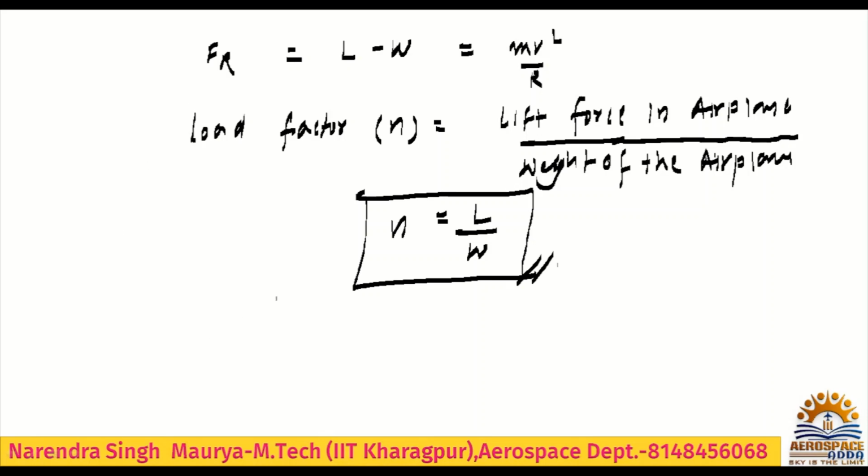We can write n is equal to L by W, and relate this equation number 1 with equation number 2. So L is equal to nW, and we write nW minus W is equal to mv square by r.